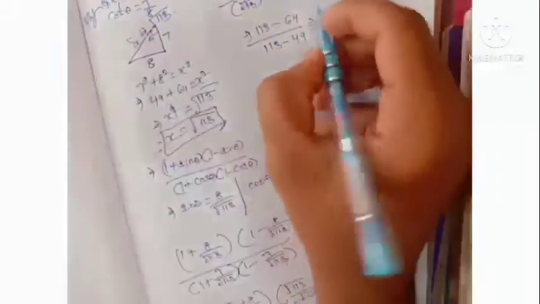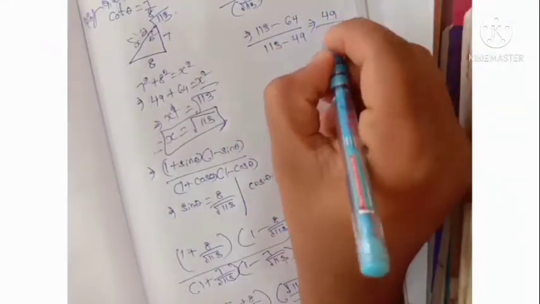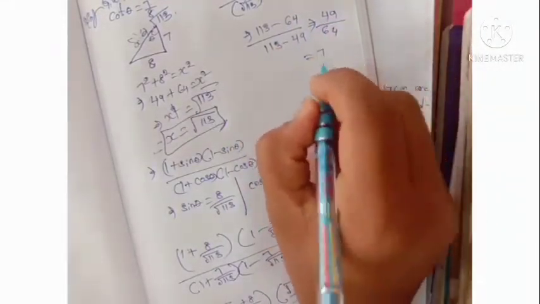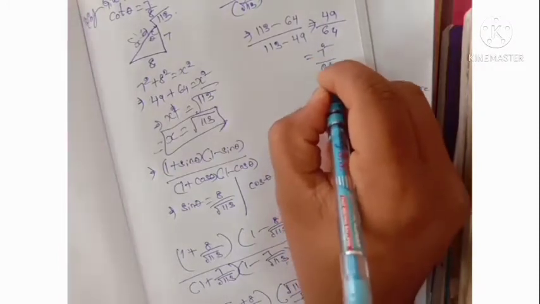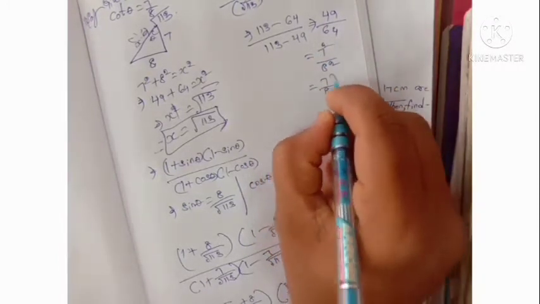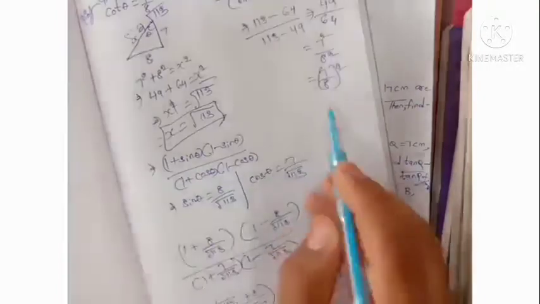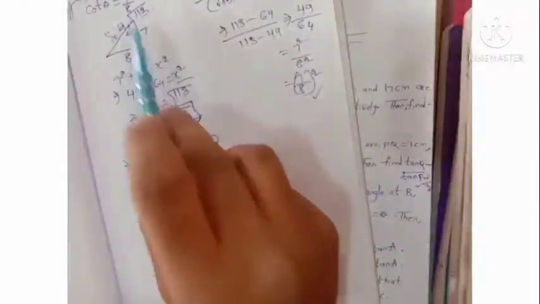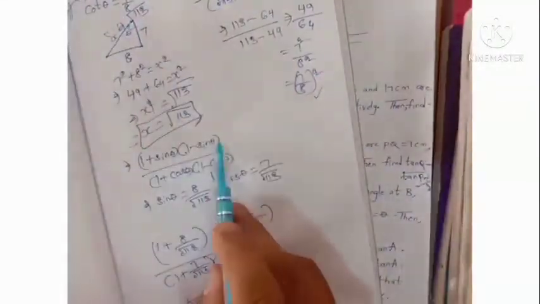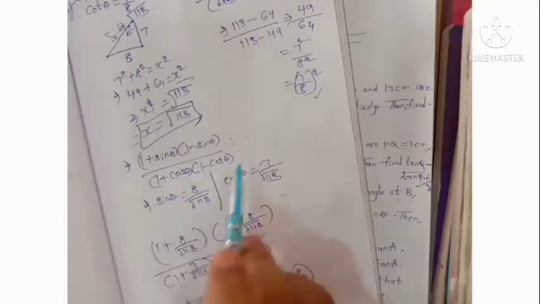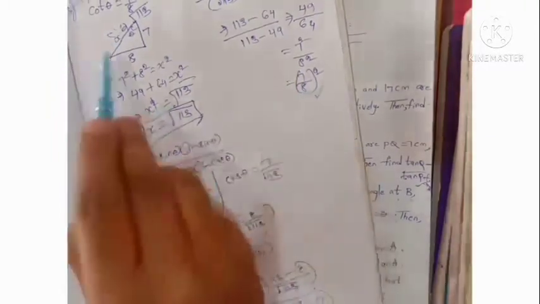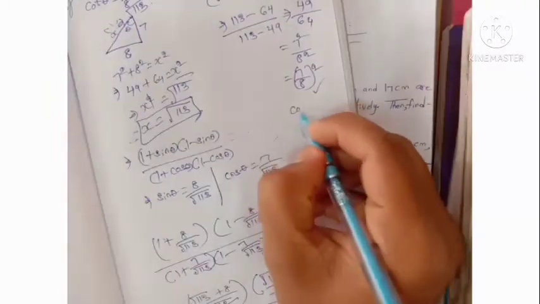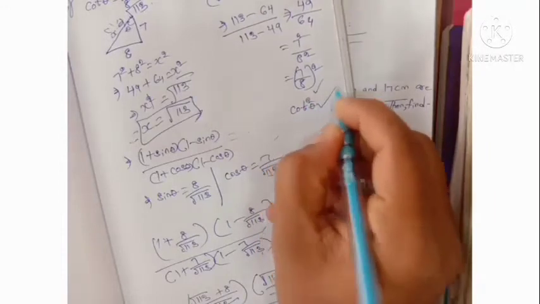Here we will get 49 by 64, or 7 square by 8 square, or 7 by 8 whole square. 7 by 8 means cot theta, so you can say cot square theta.